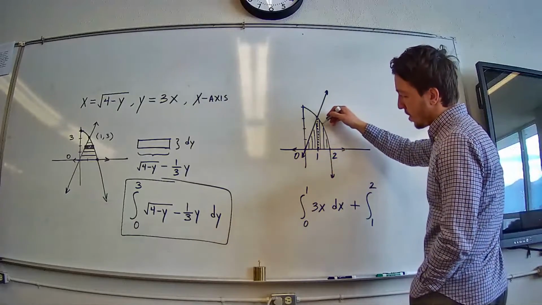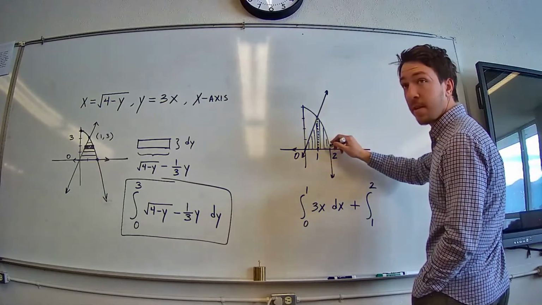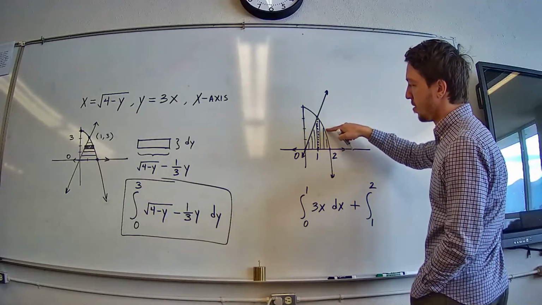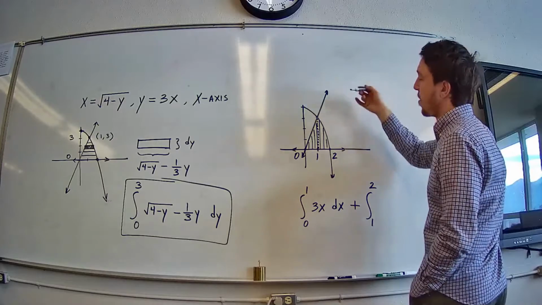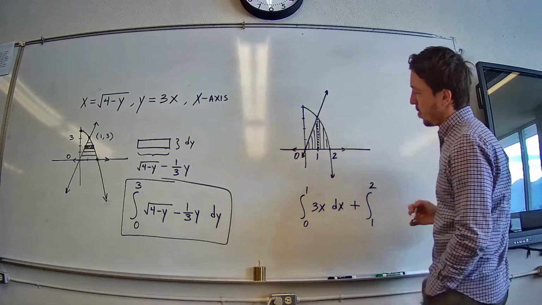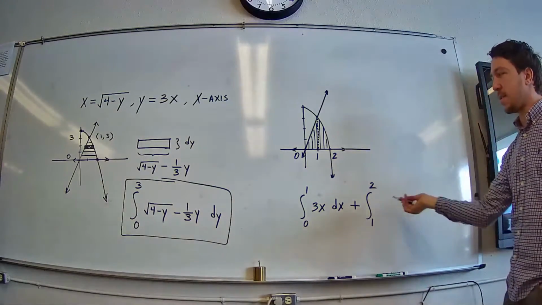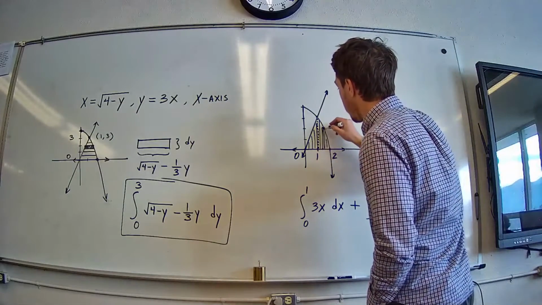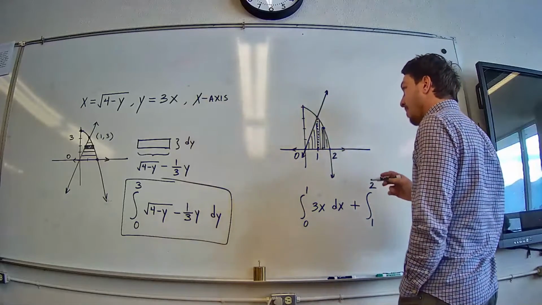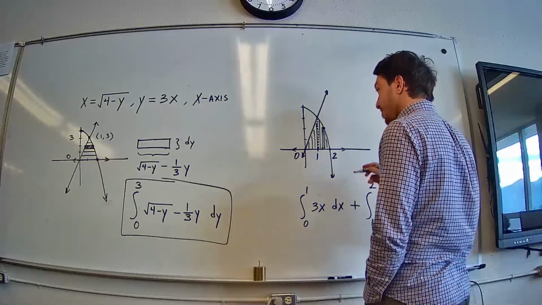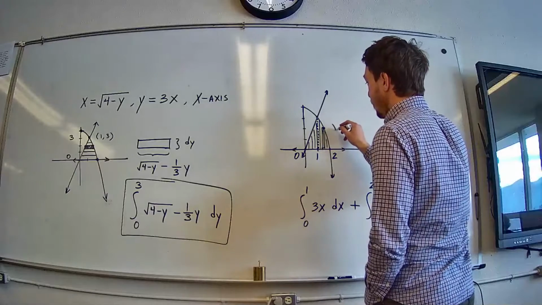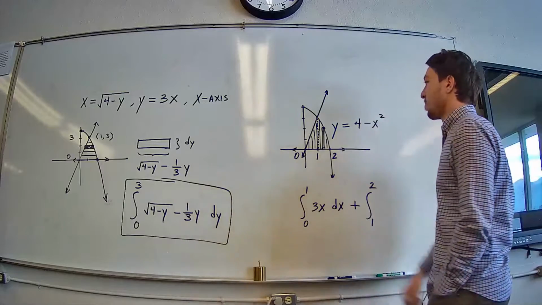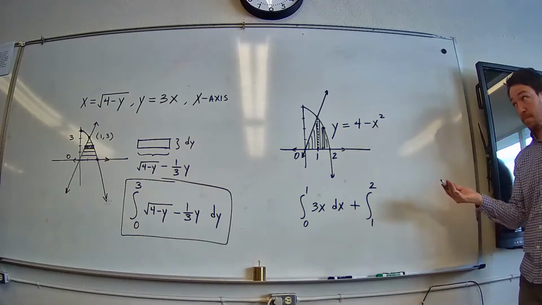But you see the slices now are this curve minus 0. But wait a second, what's the y value? If I pick a random arbitrary point on this curve, keeping in mind that it's all about x's now, what's the y value of this? Negative x?